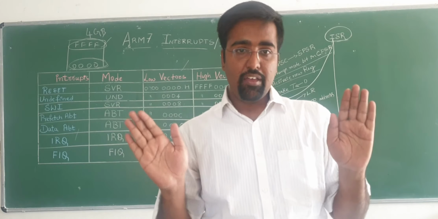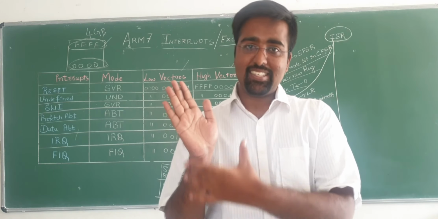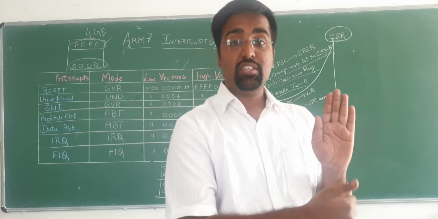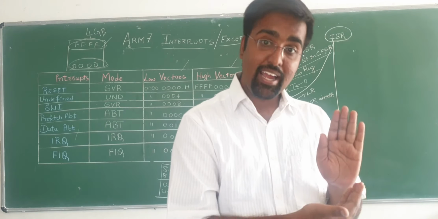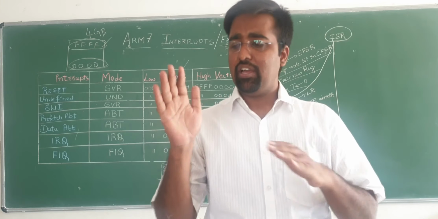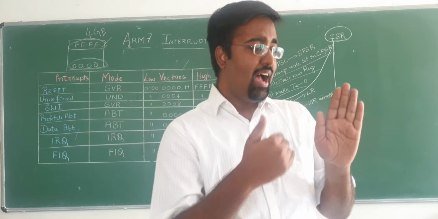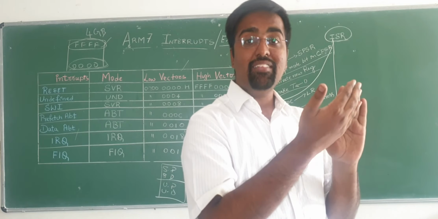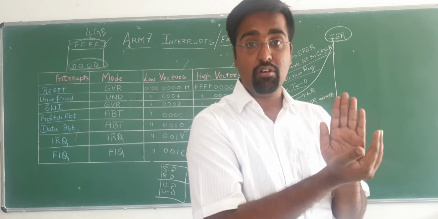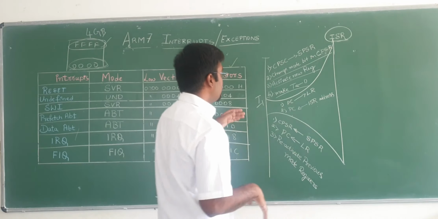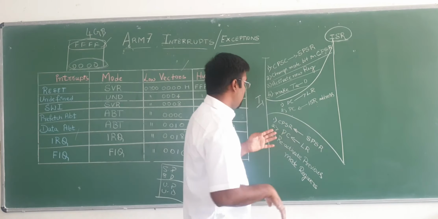But if there exist some thumb instructions or thumb bits here, I'll make those thumb bits 0 before I enter into the ISR. So it either has the thumb bit or it doesn't have the thumb bit over there; I just make my thumb bit 0 here. Okay, did you understand what I am telling now? So these are the 4 changes it is going to make.